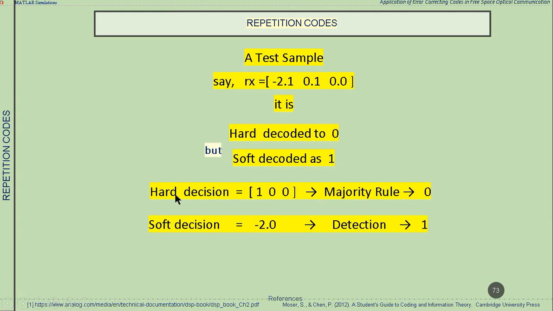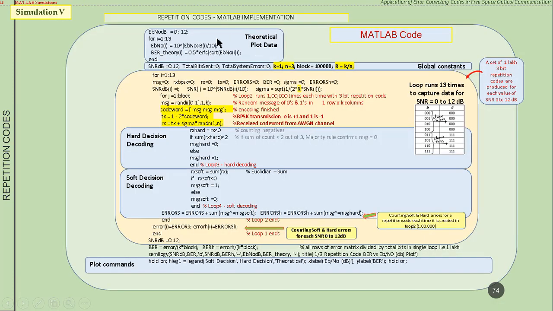So majority rule tells with hard detection that 0 was sent. And the other scheme of decoding, soft decoding, is that we'll sum this up. If we sum this up, we receive a negative number. Negative number is -1. In BPSK modulation, -1 represents that we had a 1 in the transmission.